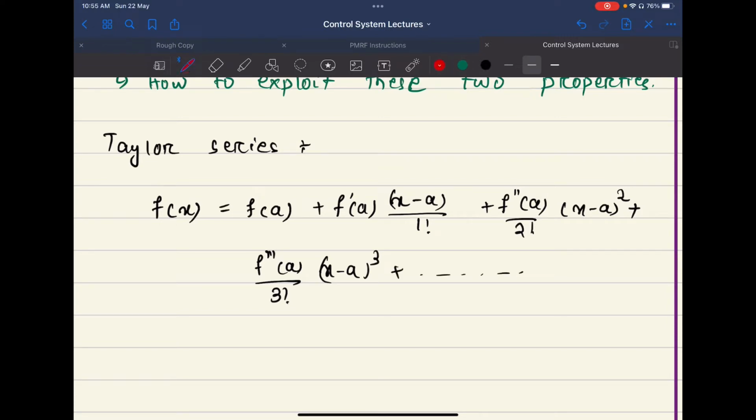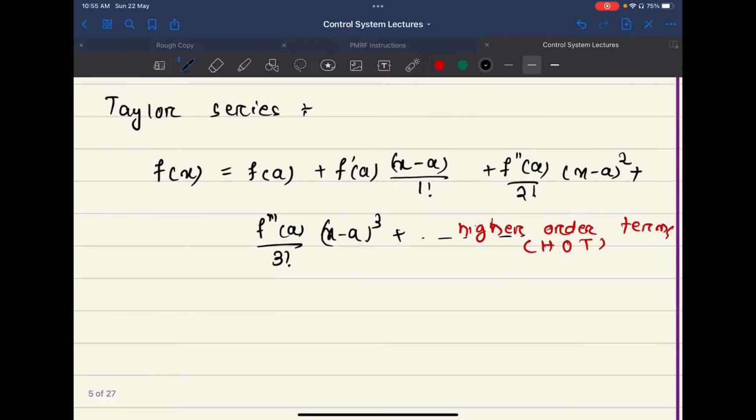We call them higher order terms, or HOT.